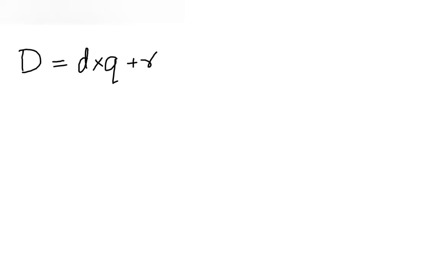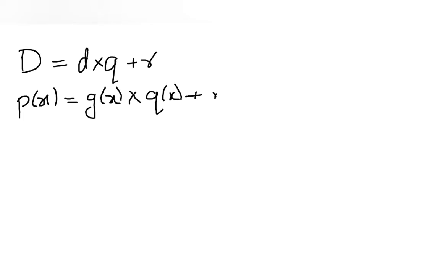So in polynomials, the dividend is denoted as p of x and the divisor is denoted as g of x. The quotient is denoted as q of x, and the remainder is denoted as r of x. These are the usual notations we use.